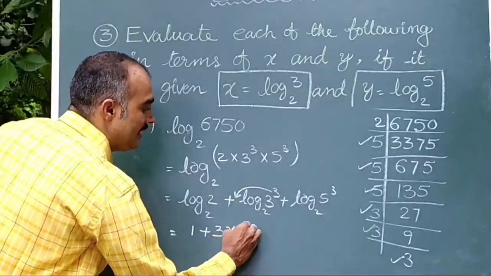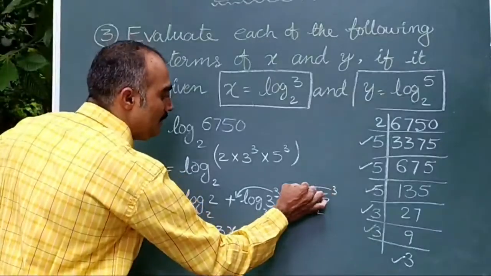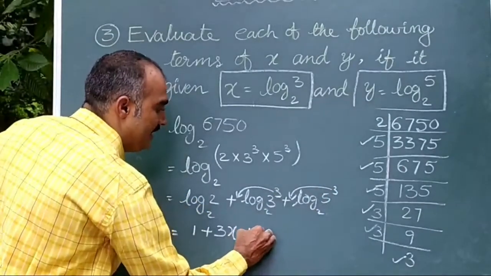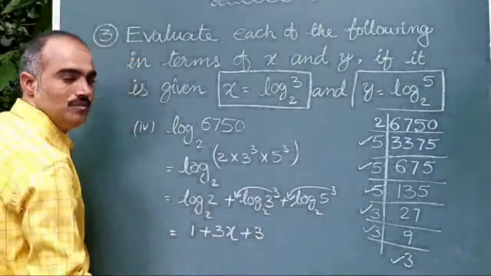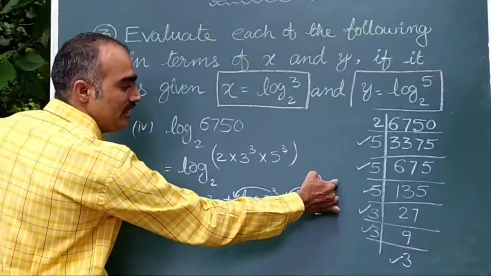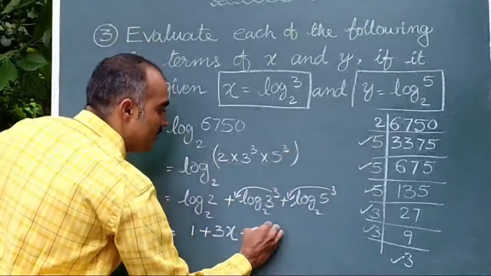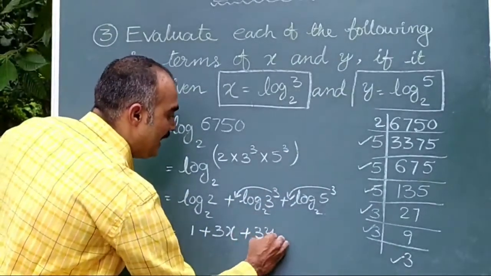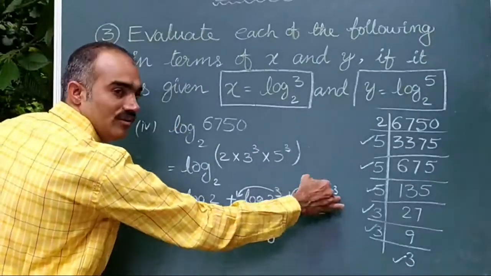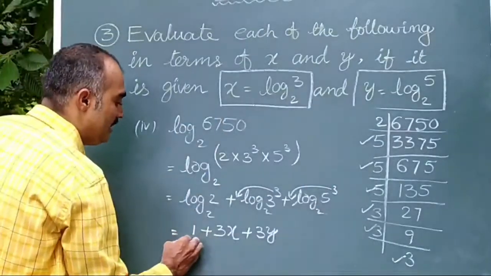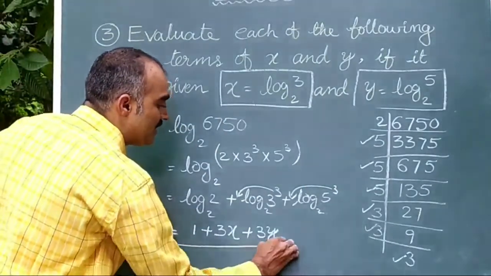So, we can write 3x plus, here 3 comes forward, it is 3 log 5 base 2, and log 5 base 2 is nothing but y. So, here 3 times y. So, the final answer for this bit is 1 plus 3x plus 3y.